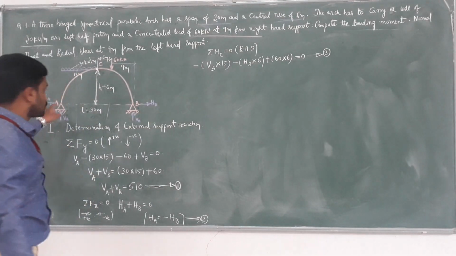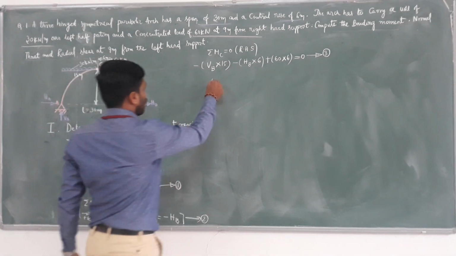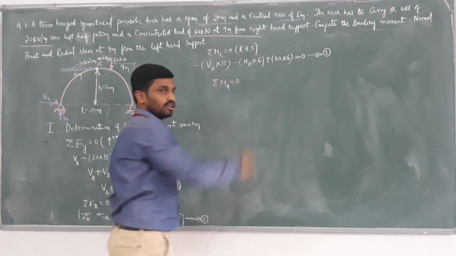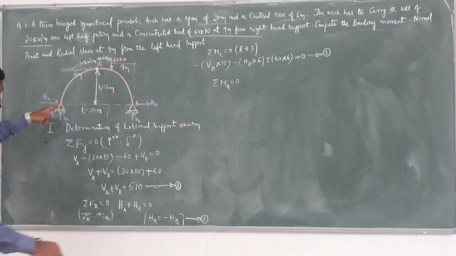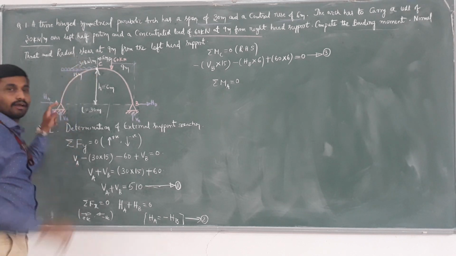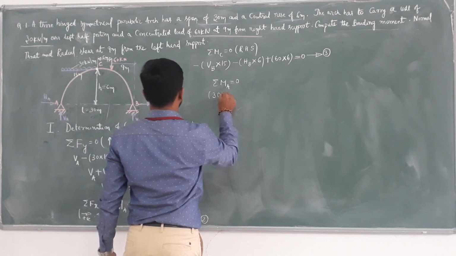Next, we take sigma moment at A equals 0. If you take sigma moment at A equals 0, we are getting 30 into 15 into 15 by 2 clockwise. That's why positive.